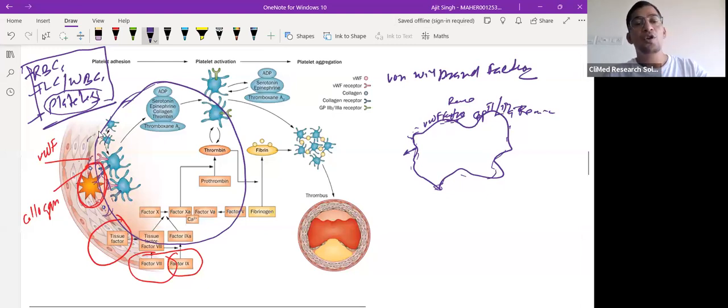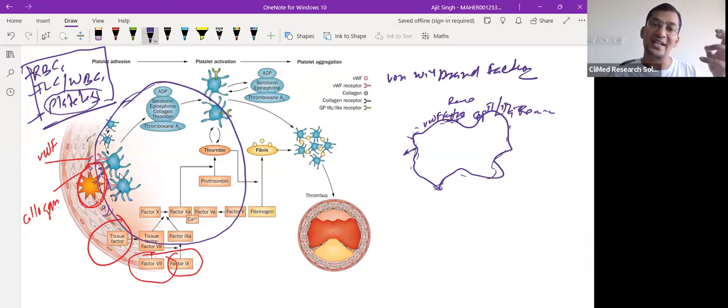Now the platelets got activated, and whichever platelets come to that site are getting activated and aggregated. Activation and aggregation is the second phenomenon. After endothelial injury, the second phenomenon is platelet activation and aggregation. So now platelet aggregation is going on.